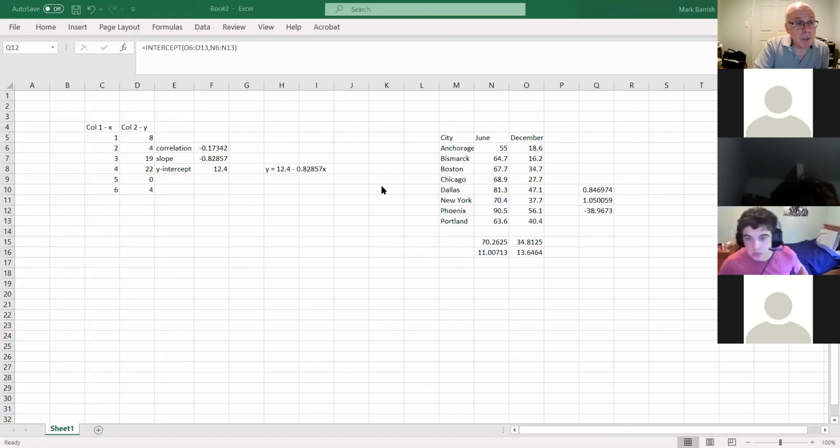Now, one thing you can do to answer questions, if I give you a data set, either it could be 2 columns with an X and a Y, or it could just be 1 column, whatever. You can always calculate the mean and standard deviation of a variable.